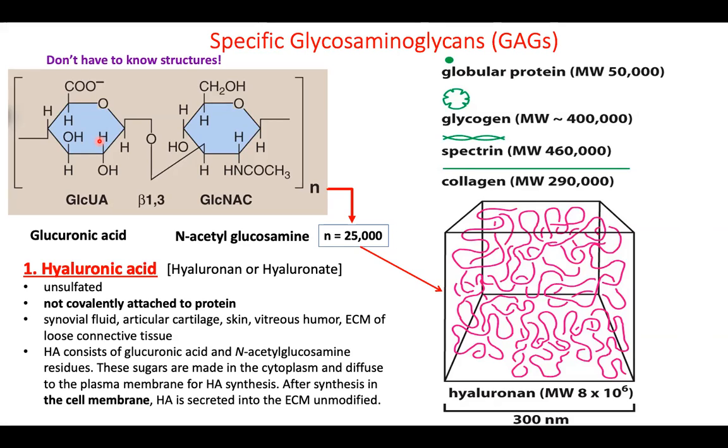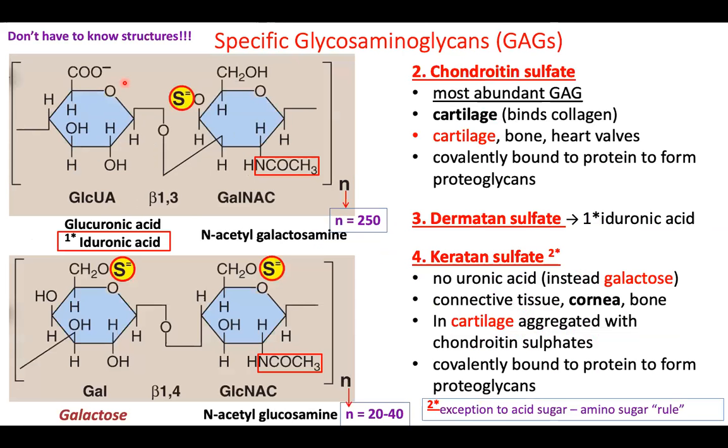Yeah, I guess I could see that. We call this part the acid, the COO. I'll stick to what's in the slides, to be honest. I'll just stick to what's on the slide. Okay.